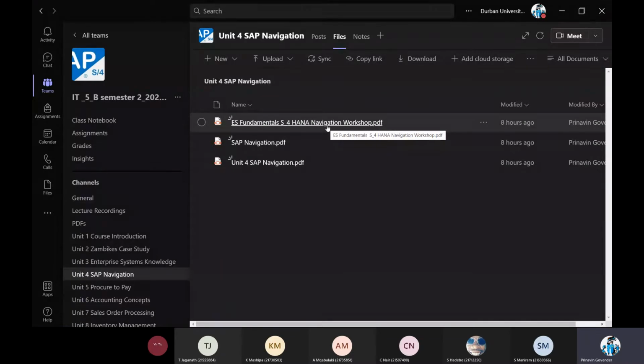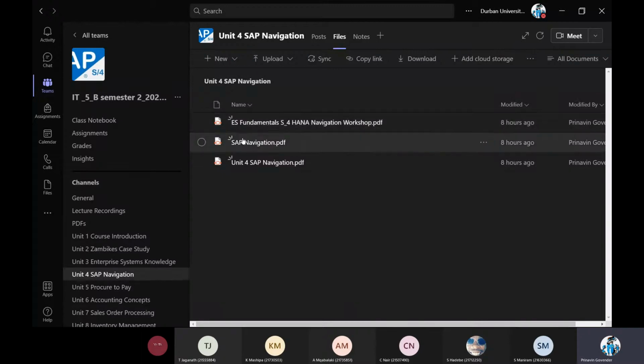The reason I jumped into the practical was so that you have an idea of using the S/4HANA Fiori Launchpad, because I don't want this to become a course that's only theory. It's like me teaching you how to drive a car, and I never introduce you to the car with the steering wheel, the brakes and the accelerator. So I jumped into the S/4HANA SAP navigation.